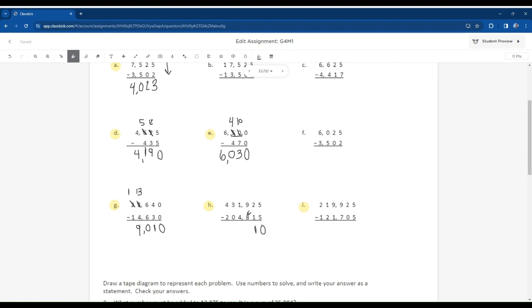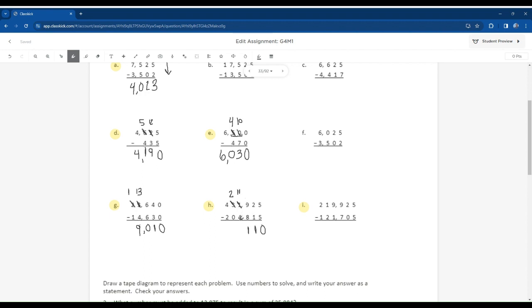9 minus 8, or 9 take away 8, which is 1. Now we run into that dilemma again, where we have 1 in our thousands and a larger number here on bottom. So we need to regroup from, in this case, our 10,000s. So we're going to regroup 3 10,000s for 2 10,000s and 10 thousands, plus the one we already have to make 11.